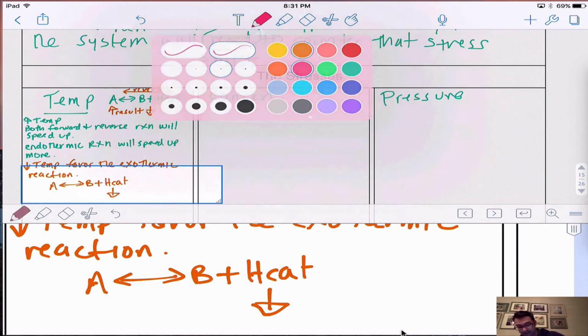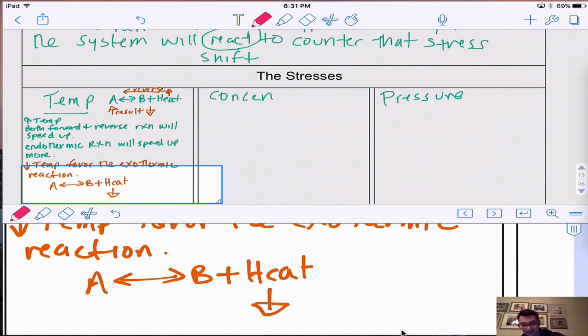The system will react by favoring the exothermic reaction, trying to generate more heat. That means that the exothermic reaction is the forward reaction to the right. It will result in B increasing and A decreasing. So since I decreased the amount of heat, I shift toward the side that had the heat on it. So these are the changes for temperature.